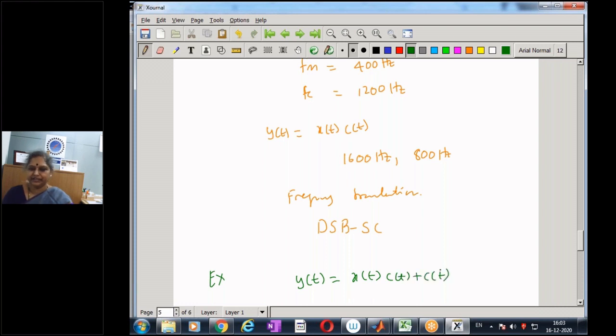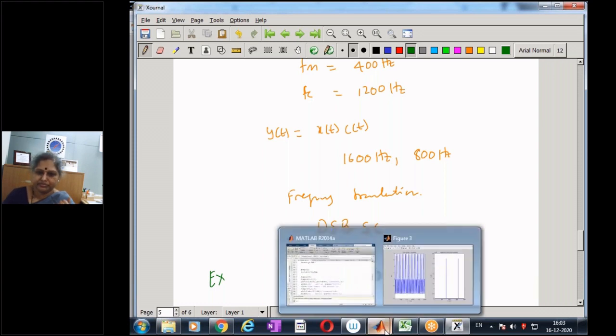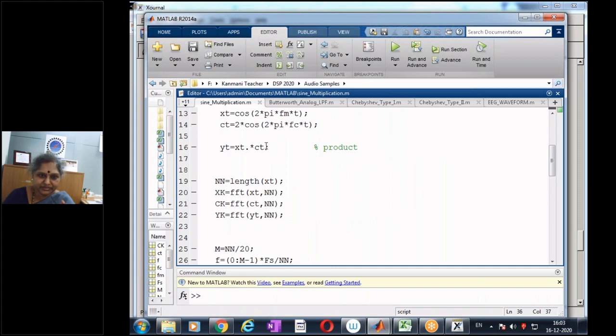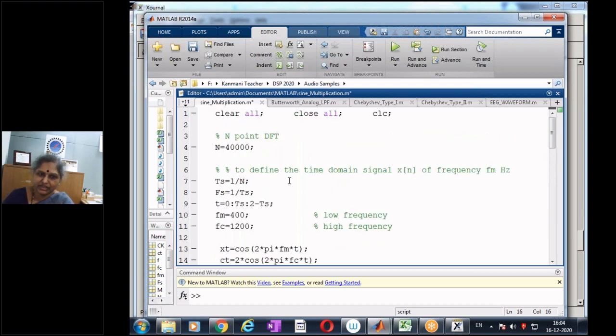We'll add the carrier and the product, and then let us see what happens to the spectrum. So now, in addition to the product, I also want to have the high frequency signal. So just a small change, product plus the addition. Otherwise, all other terms being similar.